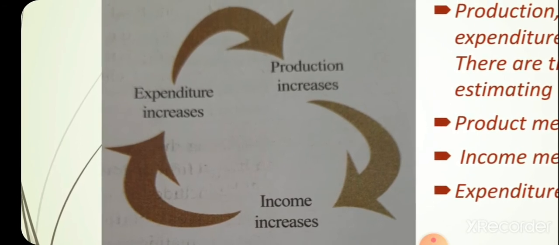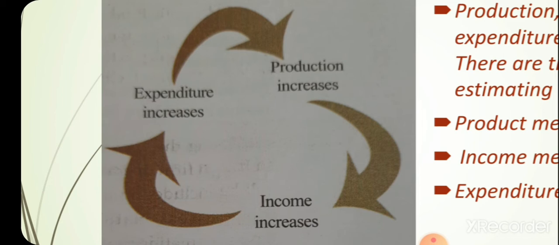Here, when the production increases, the income increases. How? When production increases, that means we are using the factors of production like land, labor, capital, and organization. By using these factors of production, we are producing things that are needed for the society, that is goods and services needed for the society.